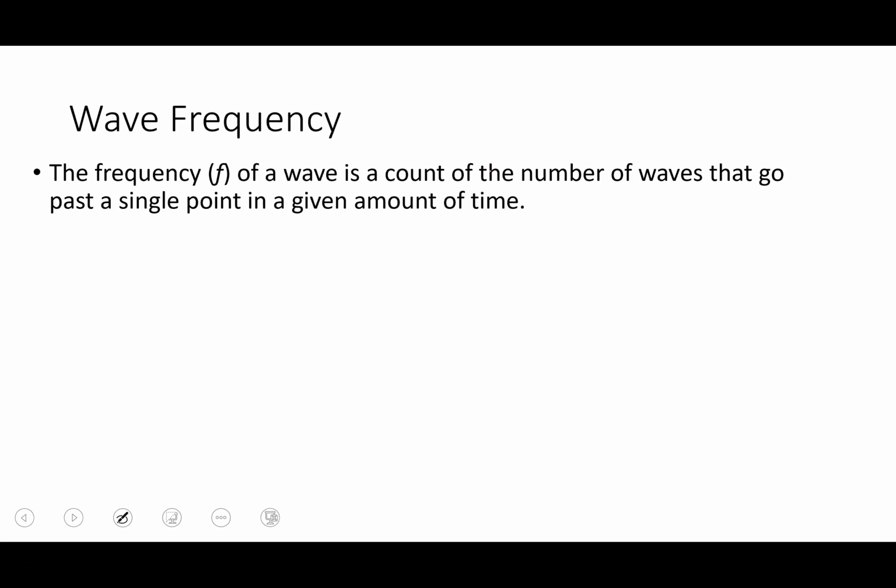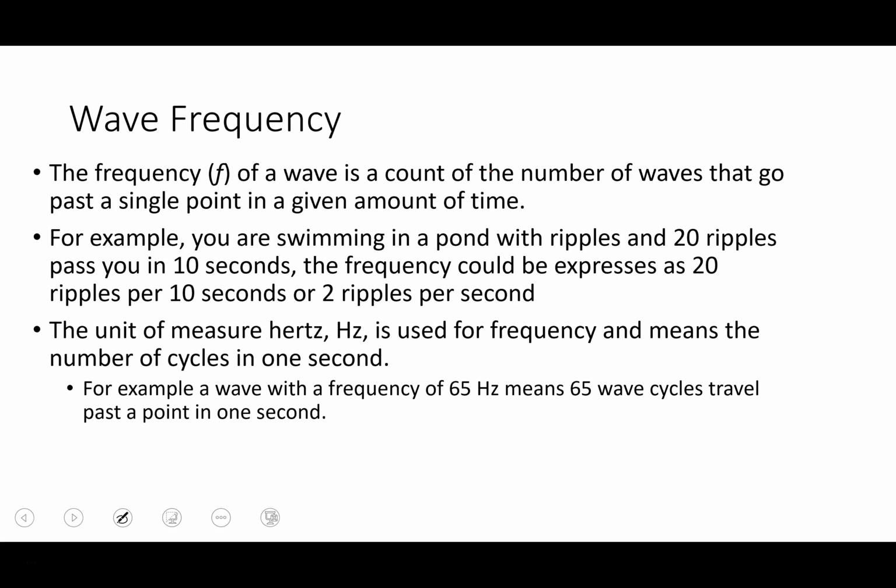Okay. Very good. There's one more important thing about waves, and that's the frequency. If you were a person standing here, you are counting waves as they pass. You get your timer, and T is equal to 1 second, and however many pass in that second, that's the frequency.